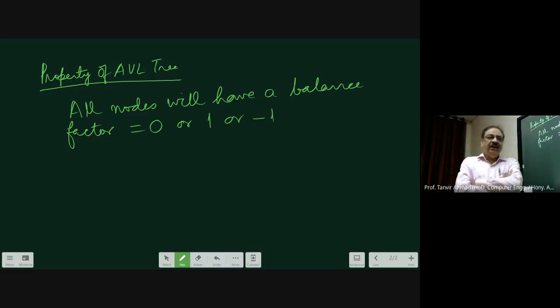The property says that all nodes will have a balance factor equal to 0 or 1 or minus 1.